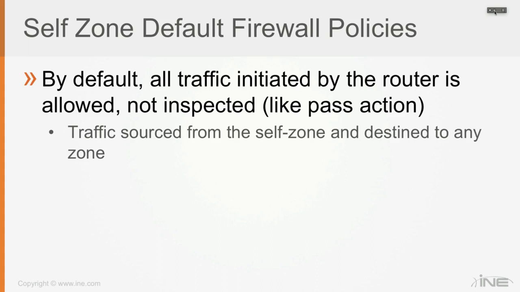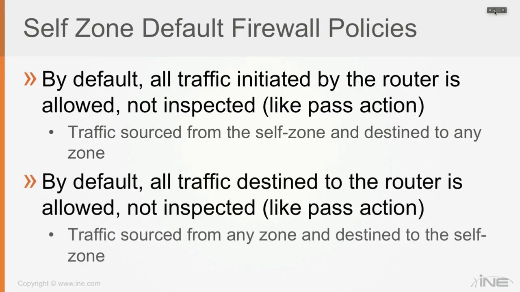It's important to understand that it behaves like a pass action. You're going to see why. So traffic sourced from the self zone and destined to any zone is going to be like a pass action. It's allowed. Also traffic destined to the router is allowed, but not inspected. It behaves again like a pass action. So traffic sourced from any zone and destined to the self zone is allowed like a pass action.